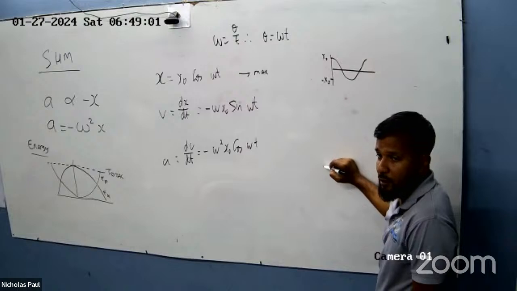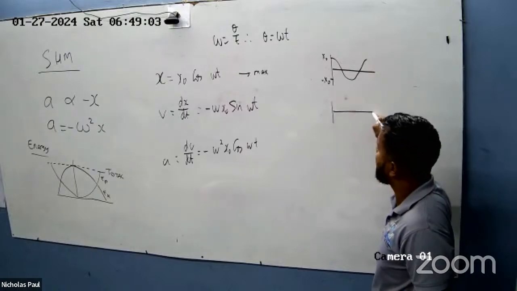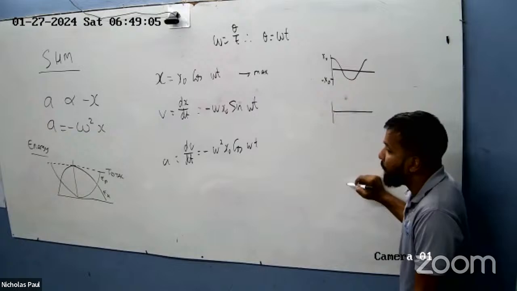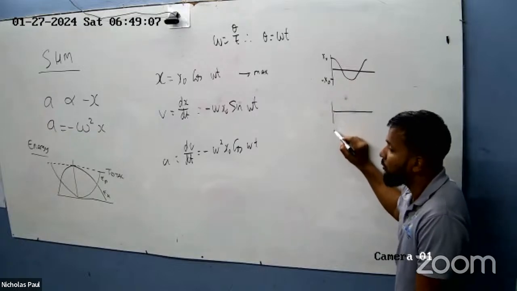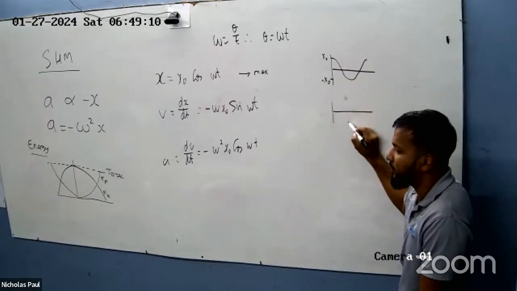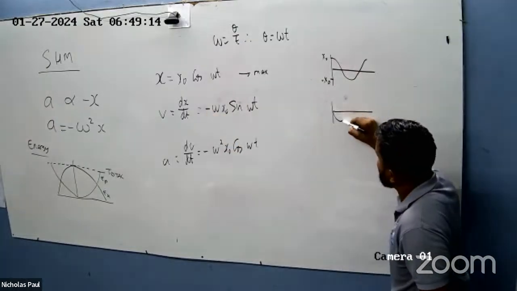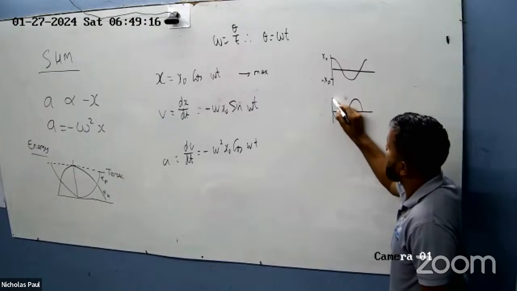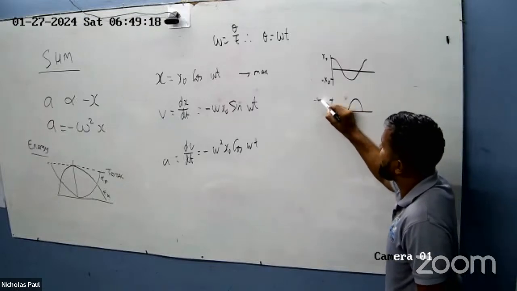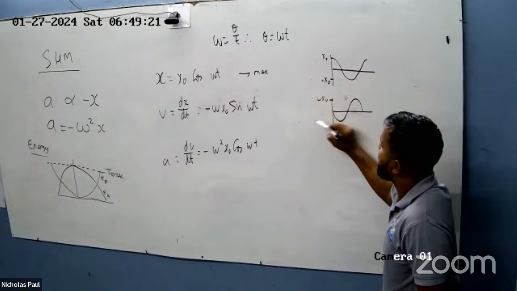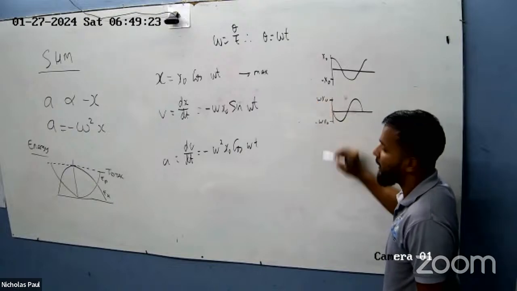What will this graph look like? Are you going on top or underneath? Underneath. So you're starting underneath. The maximum value is plus omega x naught, minus omega x naught.